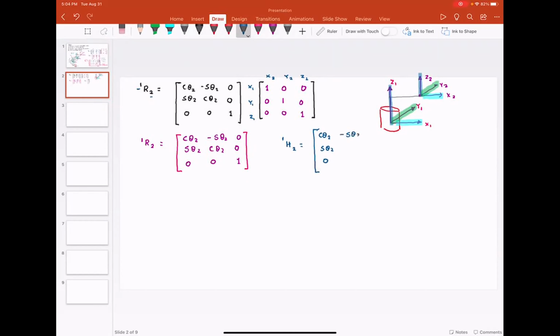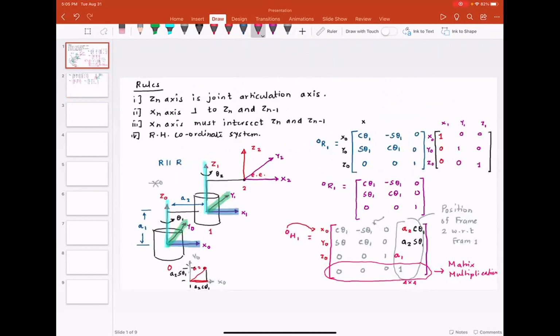Minus sine theta 2, cosine theta 2, 0, 0, 0, 1, 0, 0, 0, and 1. Now, I want to ask you, can you quickly tell me, I'm going to give you some A2, so I'll give you say A3 and A4 here. This is A3, and this is A4.